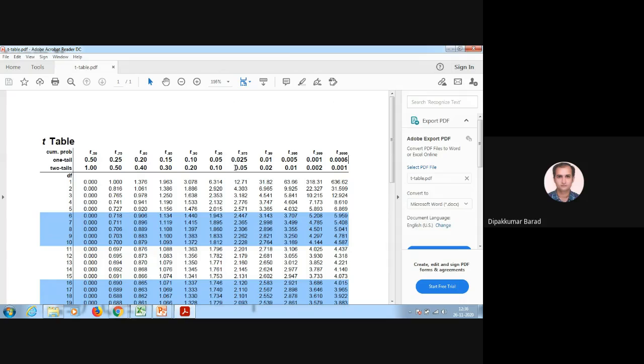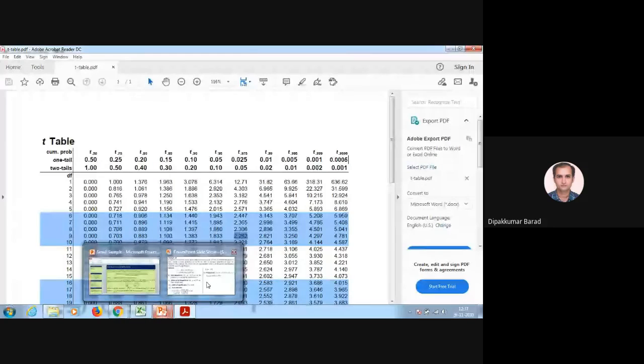We have a two tail test, so 0.05 for the two tail test is here, with 9 degrees of freedom. So for v equal to 9 and the two tail test level of significance 0.05, I get this value, 2.262.